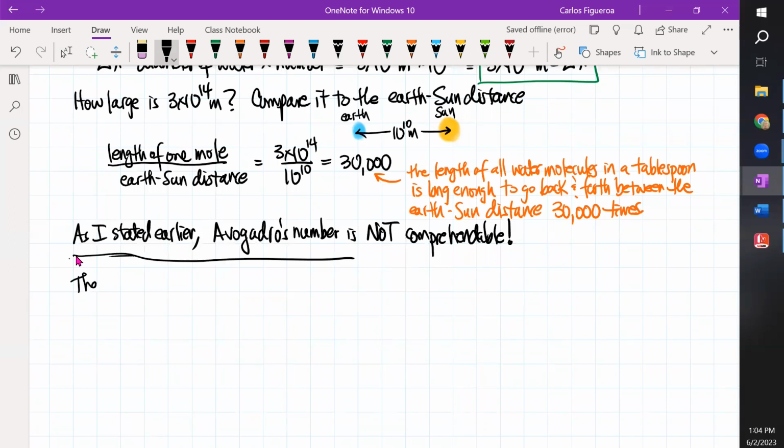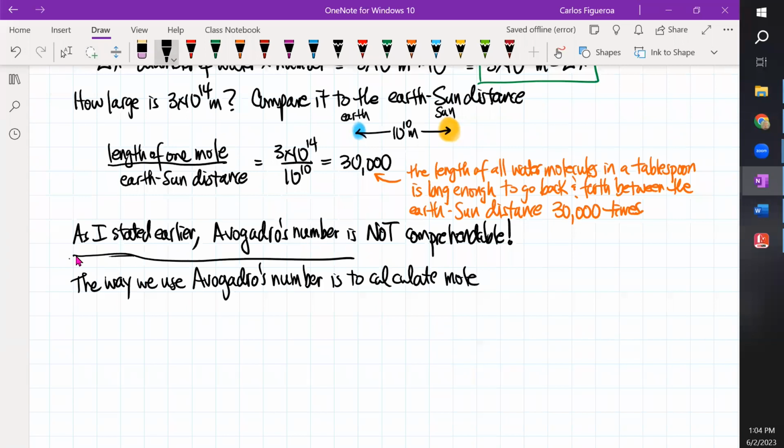The way we use Avogadro's number is to calculate mole number from molar masses. Here's what I mean.